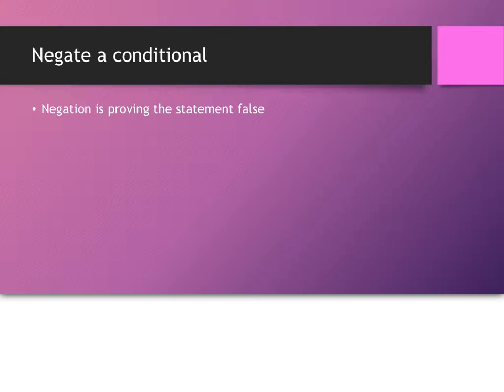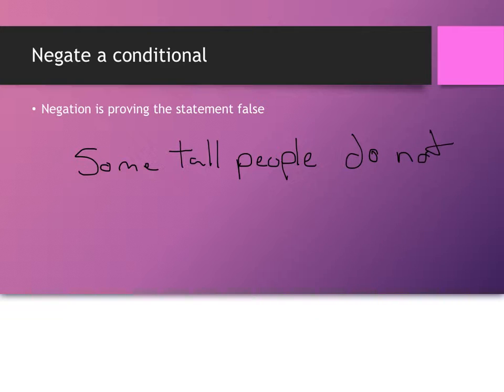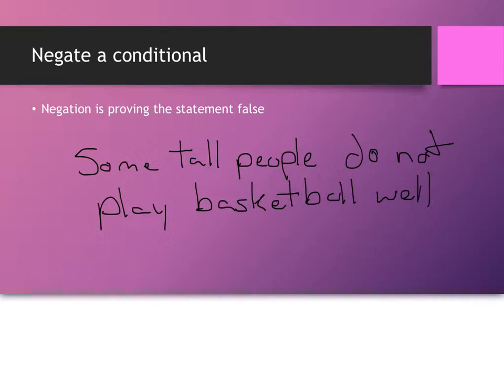Now, in the previous statement, I said we can find one person. But all you have to do is say some tall people do not play basketball well. Notice that this is not an if-then statement.